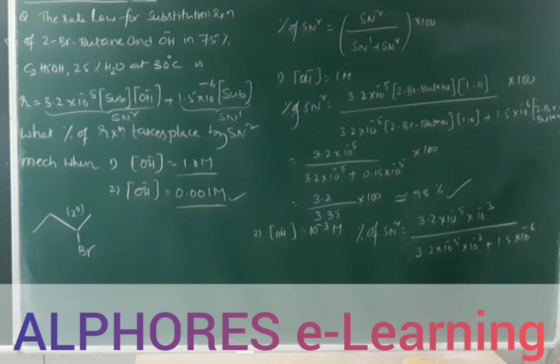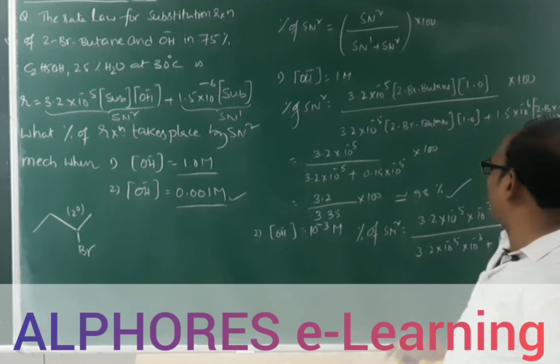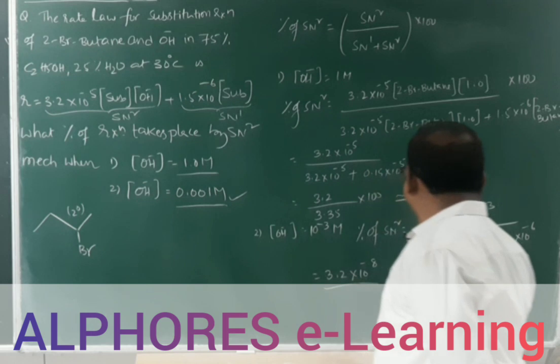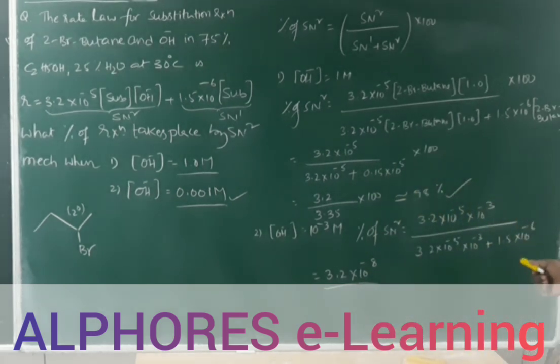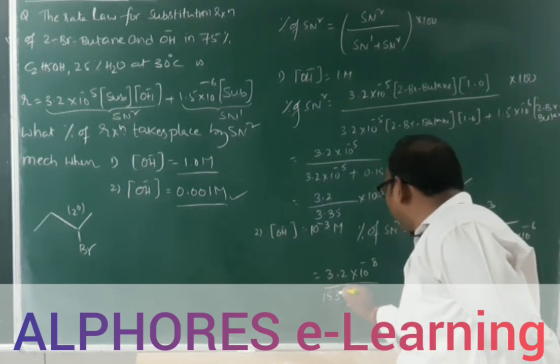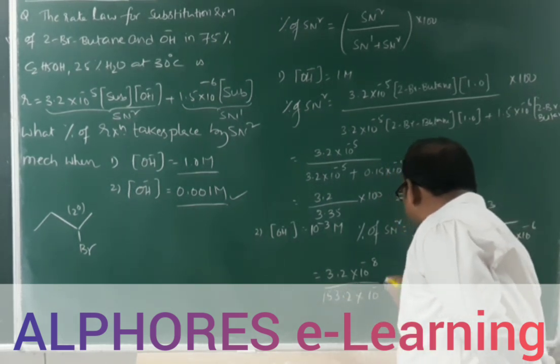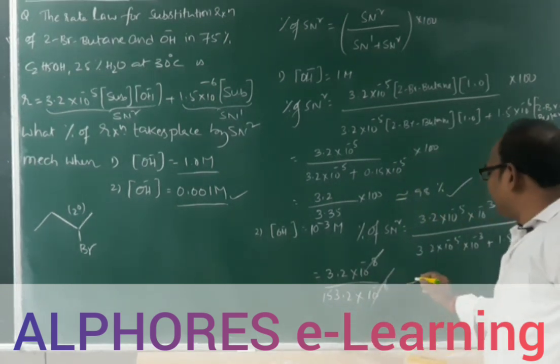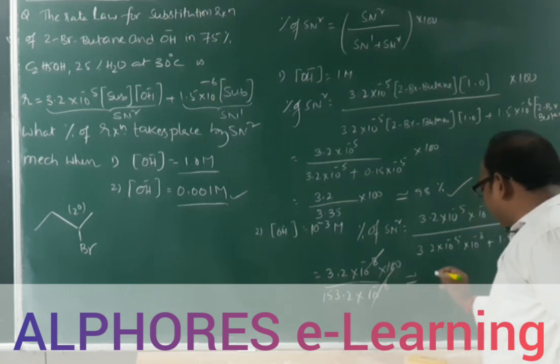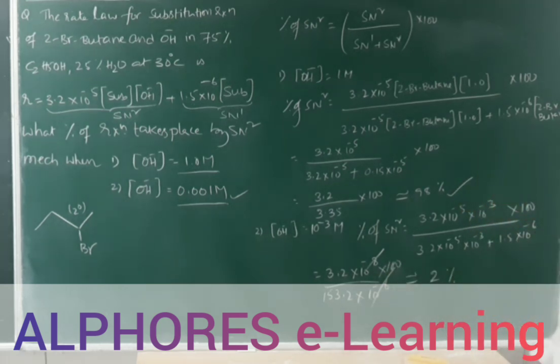Here there is no OH minus concentration for SN1. Now 10^-5 and 10^-3 make 10^-8, so 3.2 × 10^-8 divided by 150 plus 3.2, with 10^-8 cancelled. Of course, we have to use 100 again, then it will be about 2%.